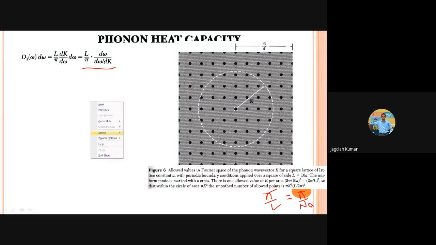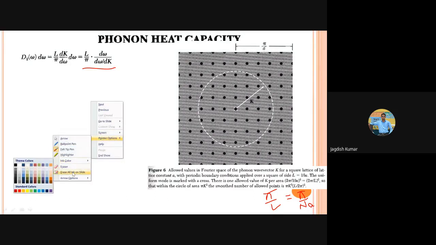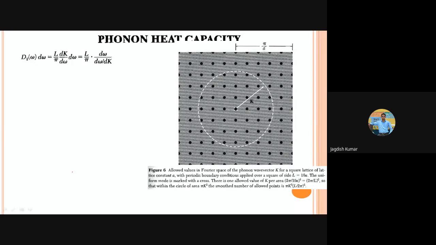So for a 2D case, the same idea will replicate. And then what we have to write down there is the number of states per unit area of the 2D lattice. Fine.